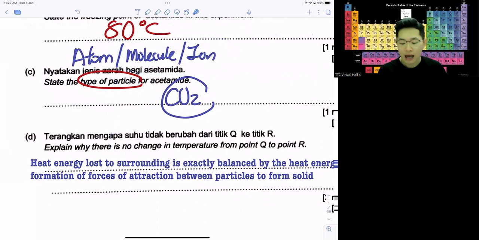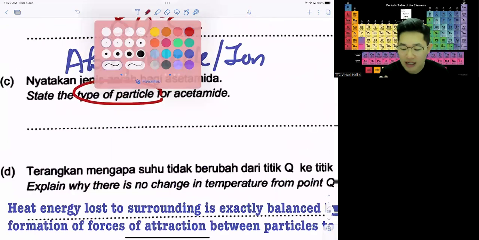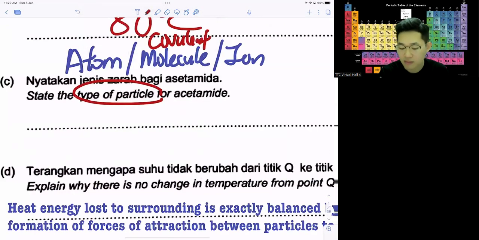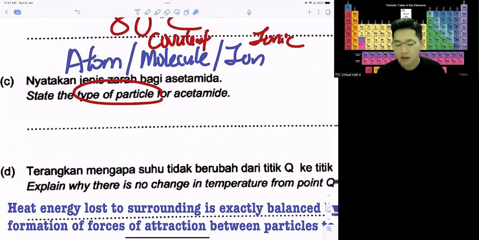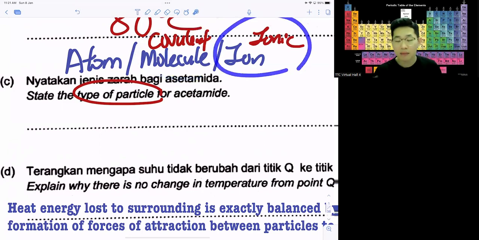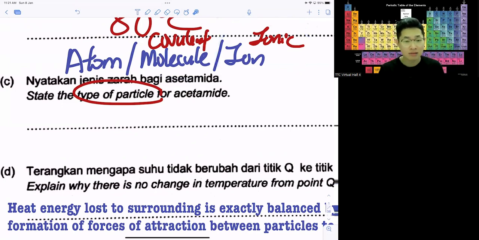And then how do I know whether it is molecule or ion? Molecules are usually covalent molecules, and ions will be ionic. Molecules are made out of non-metal and non-metal. Ionic are made of metal and non-metal.